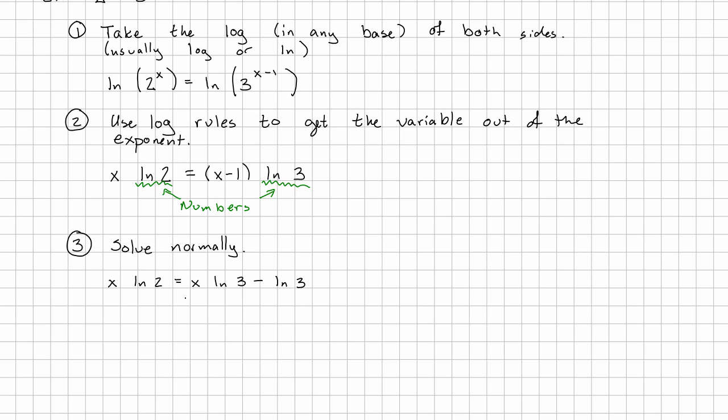Now I need to get my x terms on the same side. Now, this next move is just combining like terms, but you can think of it as factoring out the x if you like that better.